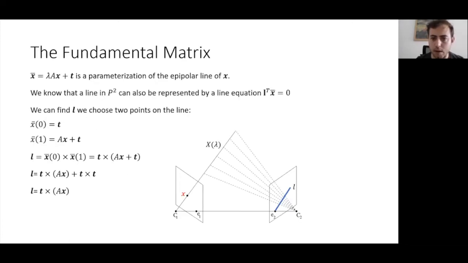Okay, so let's get back to what we got until now. Instead of T cross product AX, we can just write the cross product matrix of T times A times X. So we do not change anything here, but now we can define F as T cross product A. This is a 3x3 matrix, and it actually satisfies what we want.